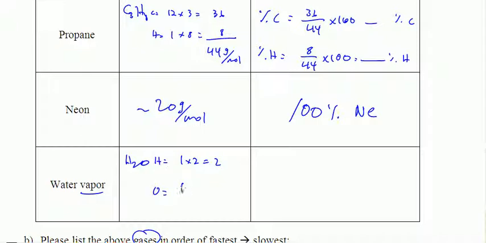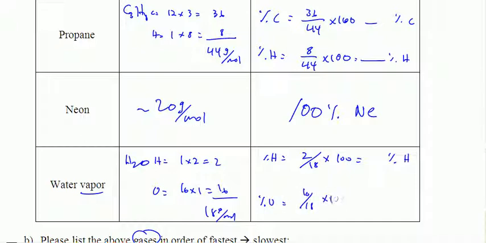Each oxygen is 16 times 1, 16, 18 grams per mole. So percent hydrogen is going to be equal to 2 divided by 18 times 100. For the percent oxygen, it's going to be 16 divided by 18 times 100.